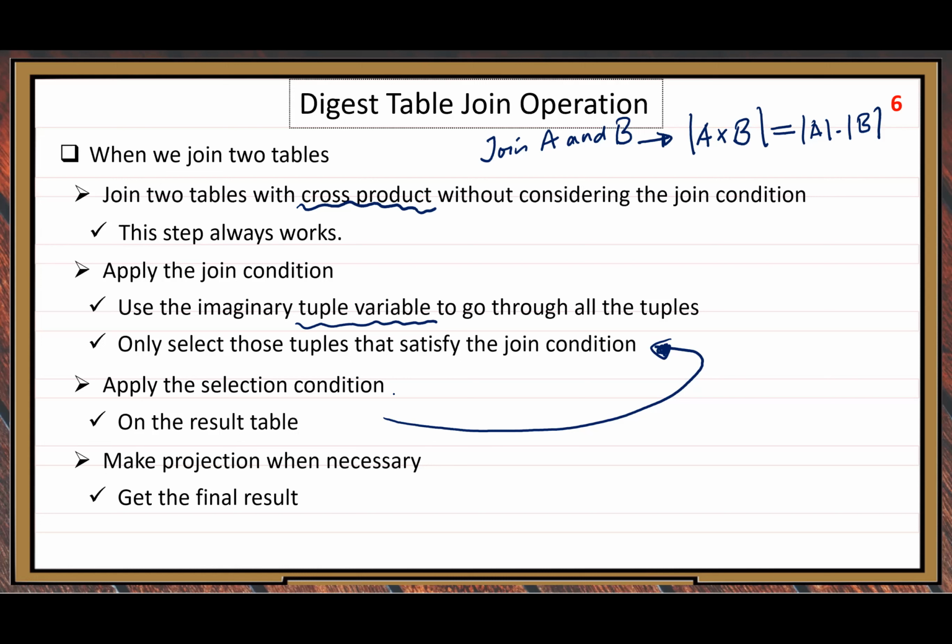You may not be able to see that, so just imagine some intermediate table. Otherwise, you may ask, what is the result table? So from the above step, you have a temporary result table.